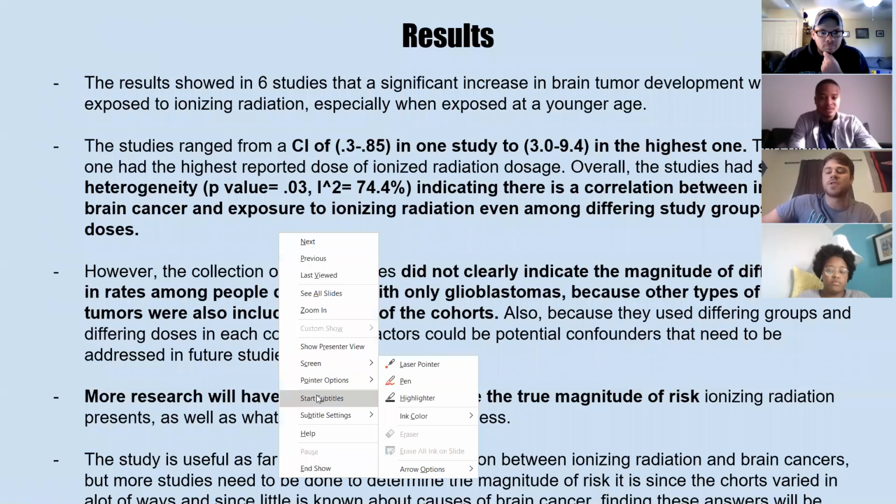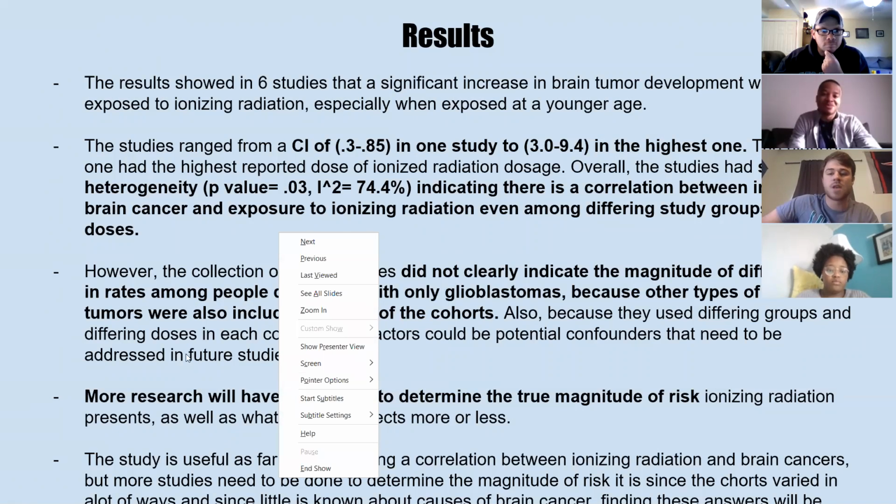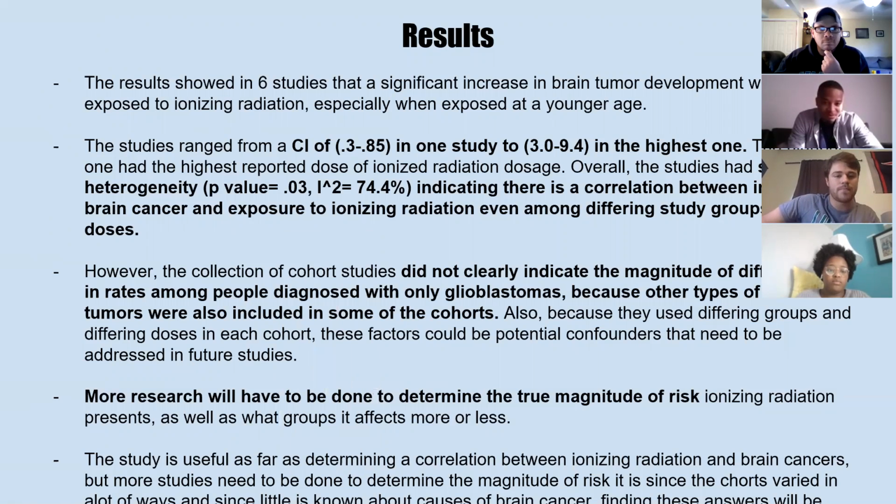But the other 6 showed significant increases. And overall, the heterogeneity of the studies had a p-value of 0.03, which indicated that it was significant and that there is a correlation between increases in brain cancer and exposure to ionizing radiation.